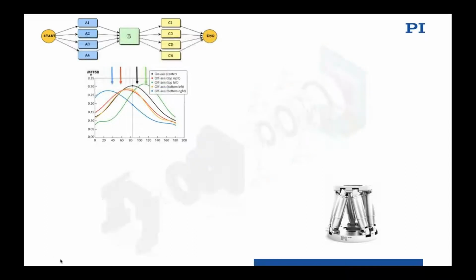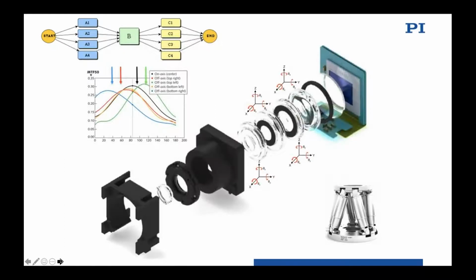But what we have recently proven they can do using these techniques is take that image and do the alignment of all the elements in multiple degrees of freedom at the same time. And that is a big time saver. And considering that smartphone cameras are being made by the billions every year, billions with a B, this is an example of where we can really save our customers some money.